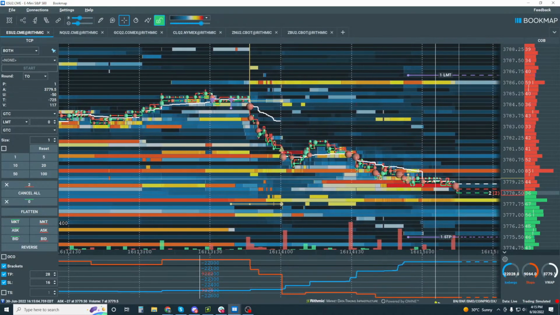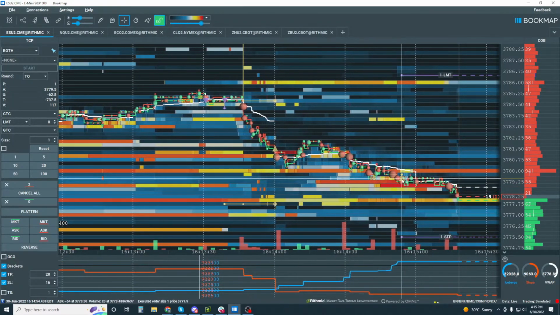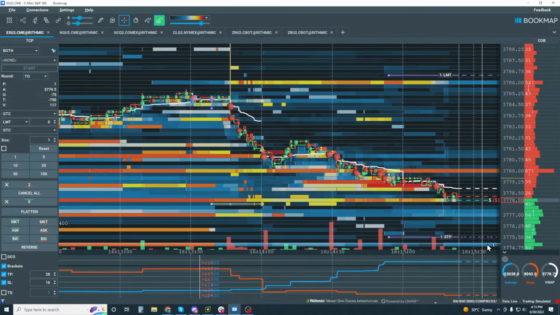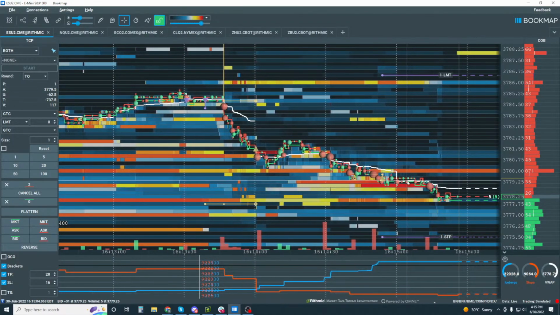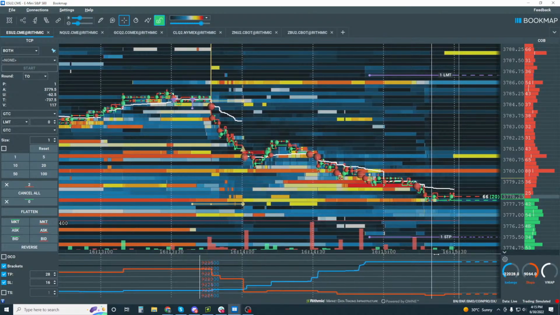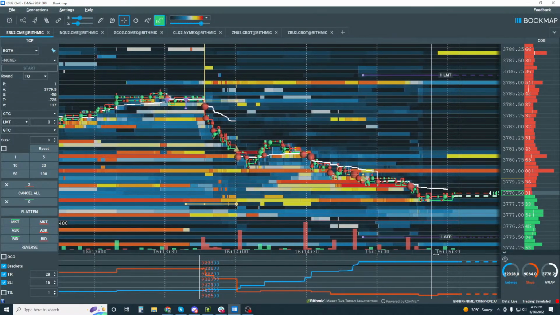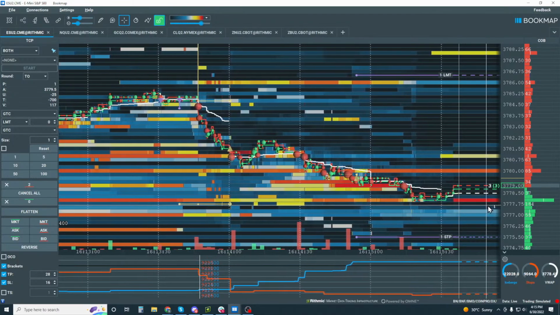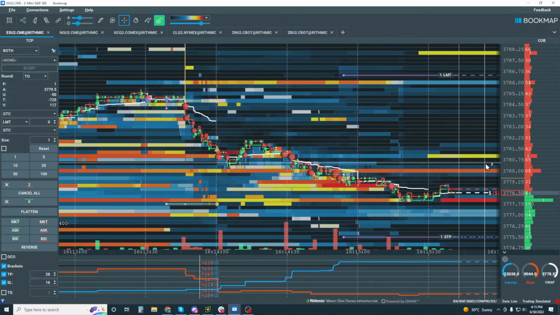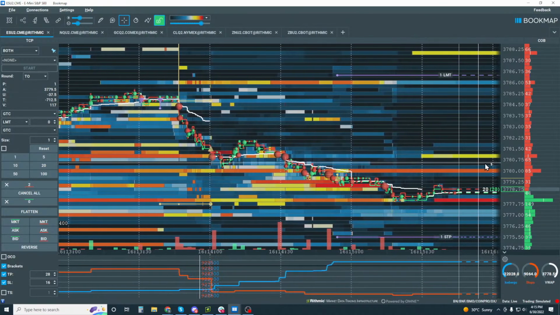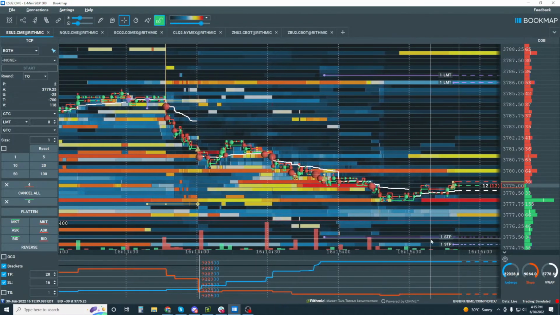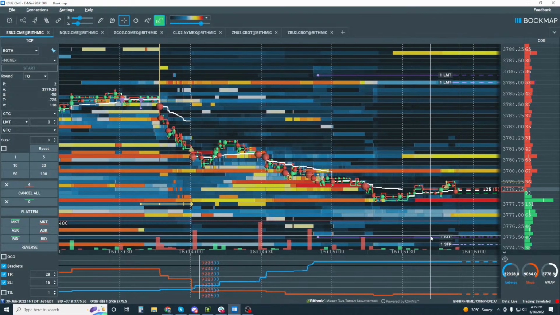I'm not going to sit around and wait for something to unfold, just for demo purposes, as this goes against us. It's going to have to come up to about here. Maybe we can do another one.